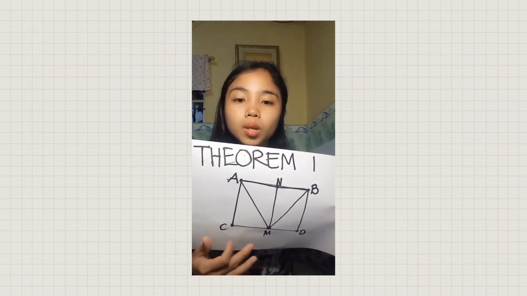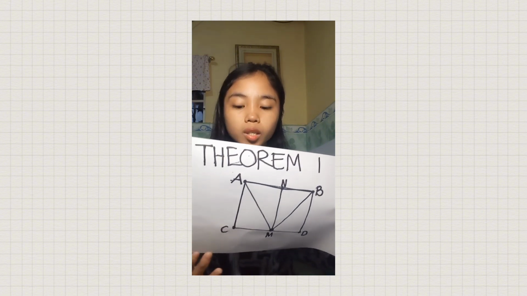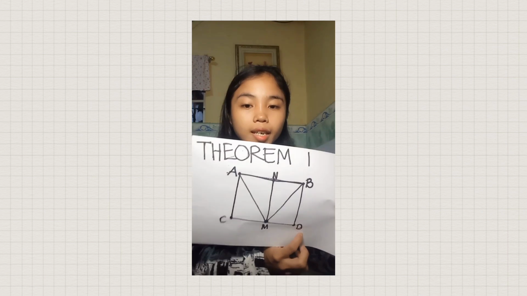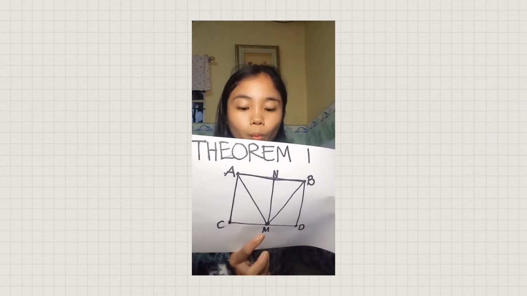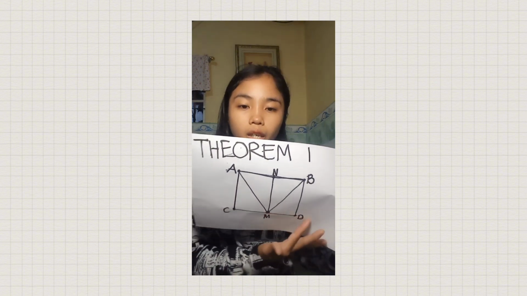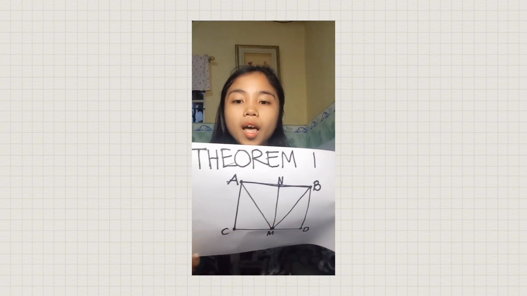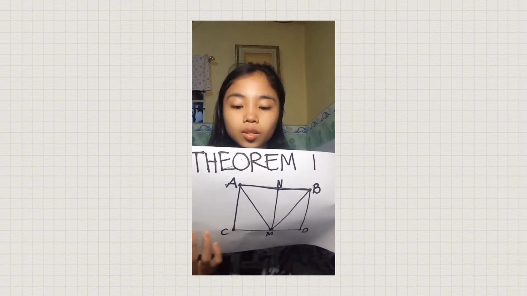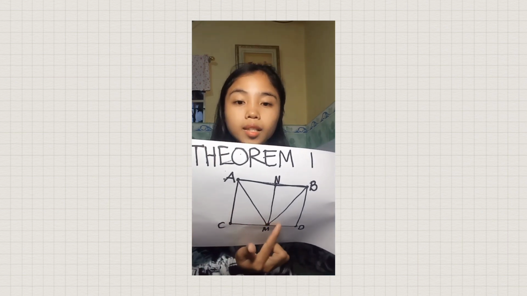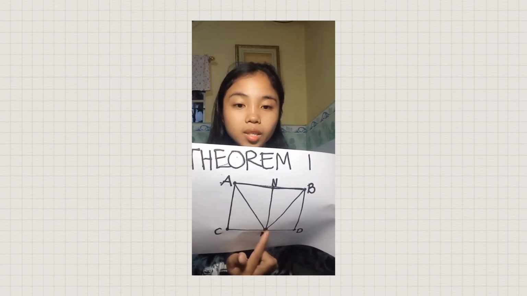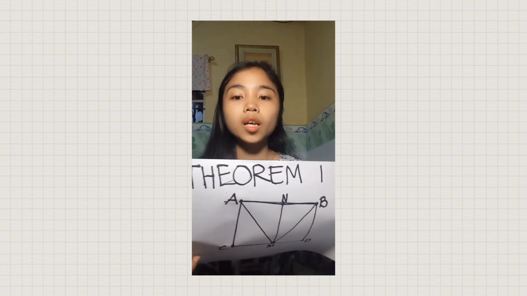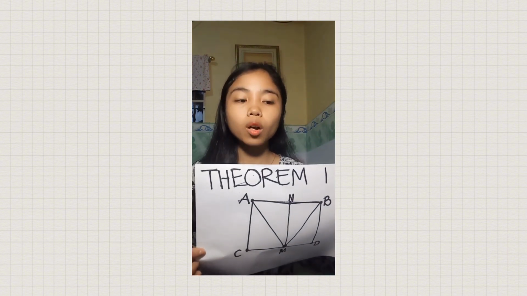The segment joining the midpoints of the base is here, our segment is C and D, our midpoint is M, and our base is here. And theorem 1 says that the summit is perpendicular to both.